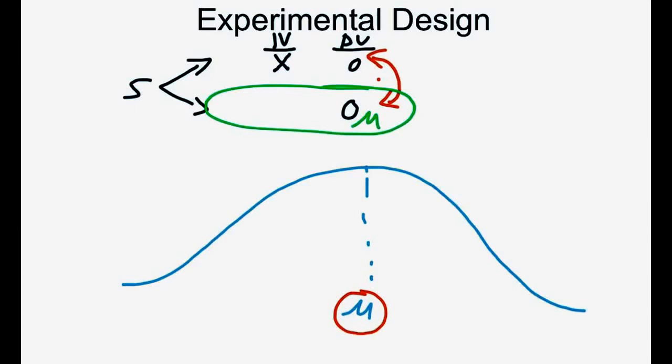Well, remember that in the sampling distribution of means, 68% of the sample means are going to fall within one standard error of the mean above and below mu.